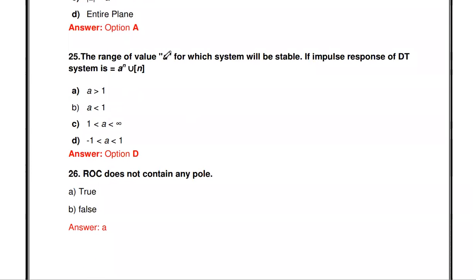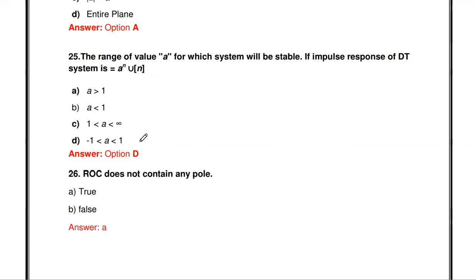And then the next one: the range of values of a for which the system will be stable, if the impulse response of a discrete time system is a power n u of n. So if for one system the impulse response h of n is a power n u of n, what is the range of values of a at which the system should be stable?